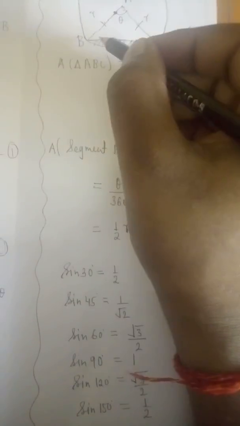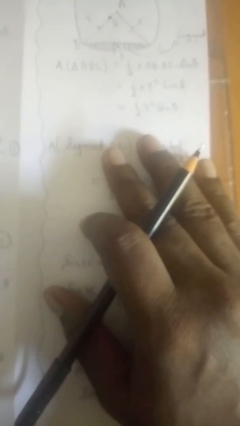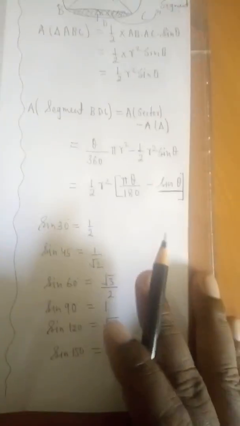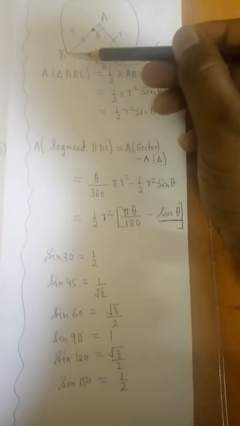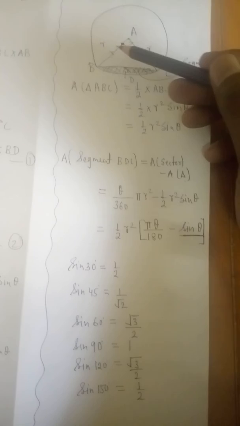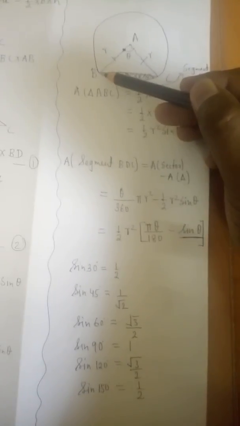So let's come back to our objective, that we want to derive the formula for this part. This part is known as the segment. In the last video you have understood the area of a sector. The same thing we will be using here. So the area of the segment, this part, is equal to the area of the triangle being subtracted from the area of the sector.